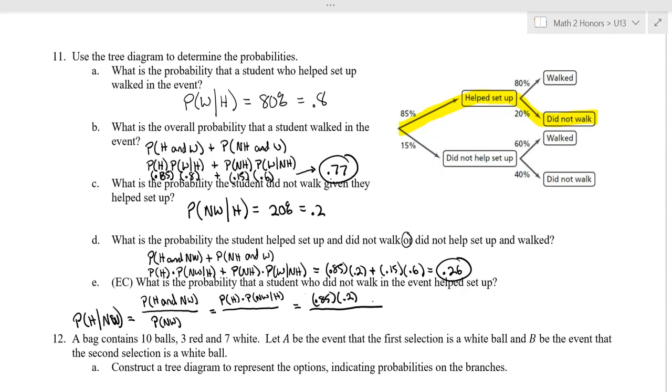Now not walking. Well, there's two different ways to not walk. So that means either you helped and did not walk. That's one way. Or you did not help and you did not walk.